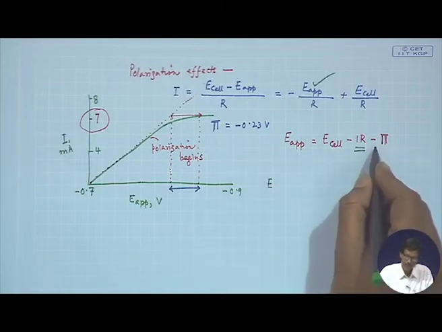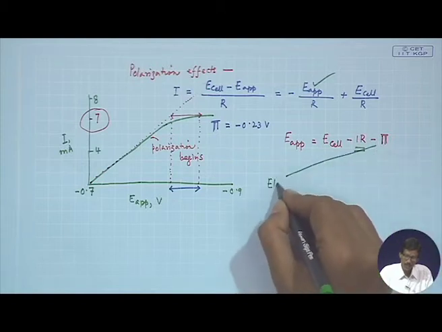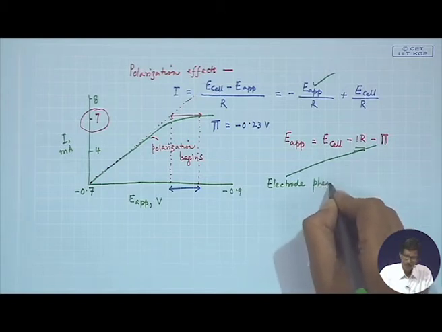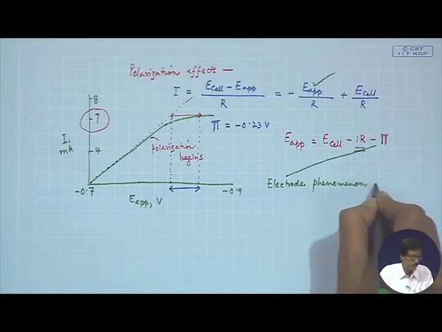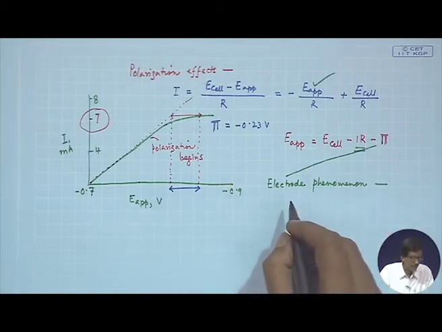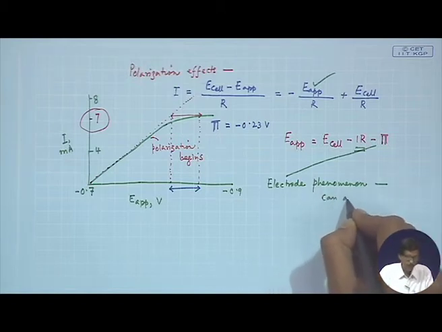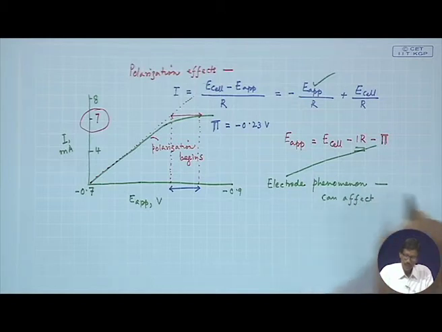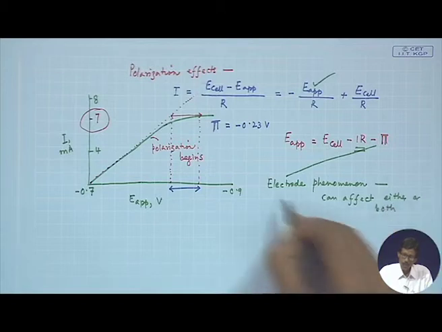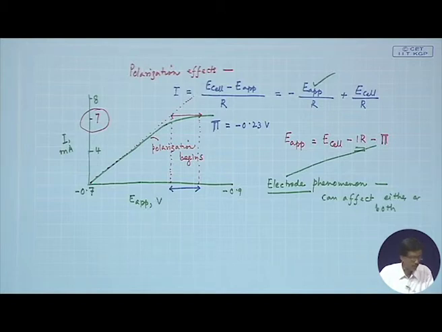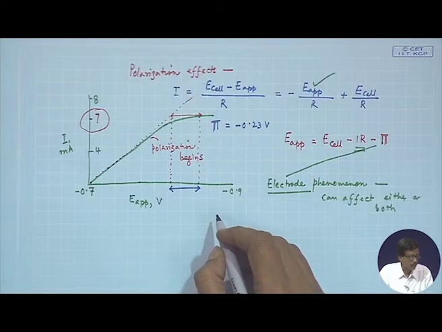So, Pi is your electrode phenomenon. It can affect either the cathode or the anode, or both electrodes. This polarization effect can give some interesting observations.